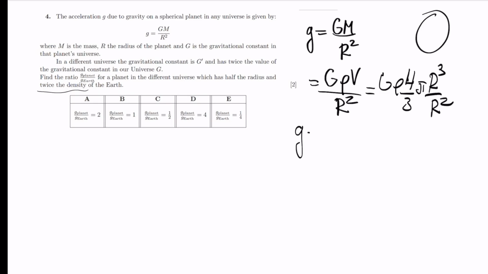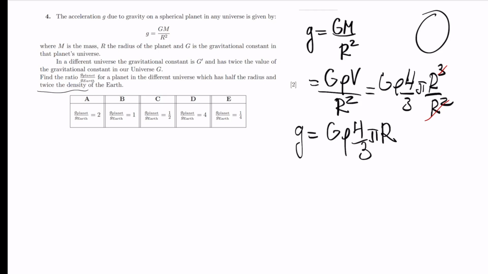Okay, so this means that the gravitational acceleration g, after we cancel some of these expressions, will just be given by the gravitational constant multiplied by the density of the planet, and then we've got a factor of 4/3 pi multiplied by r.